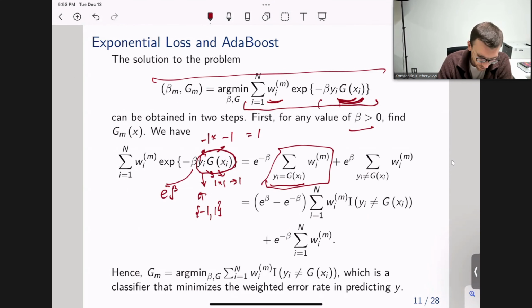And then for the incorrectly classified values, their product will be minus 1. So we bring them to the second sum and use here the positive value, because we multiplied here minus on plus.